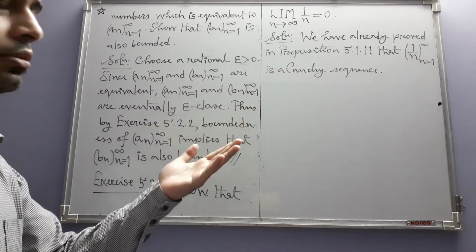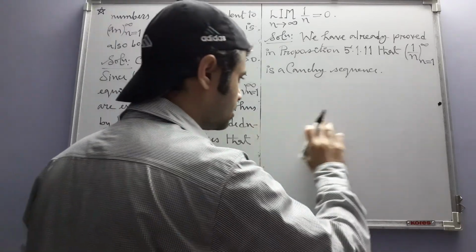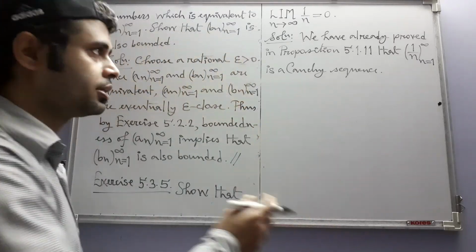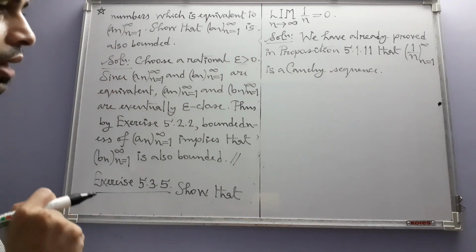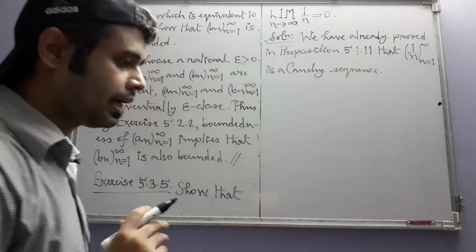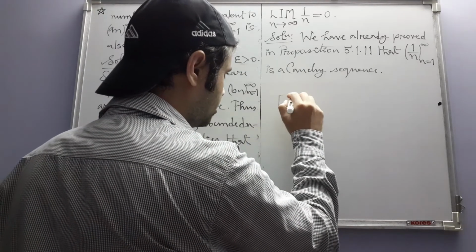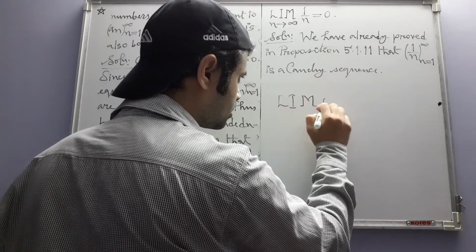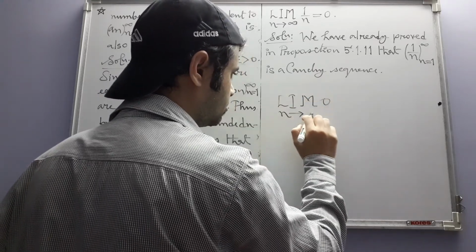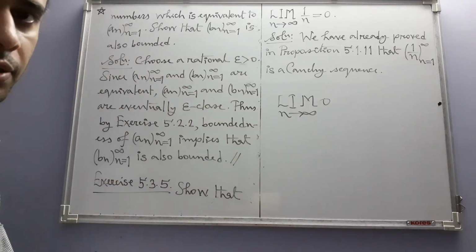Now think of the embedding that we talked about, embedding of the system of rational numbers into the system of real numbers. According to that embedding, this real number 0 is actually equivalent to the formal limit of the Cauchy sequence 0, where all the terms are the rational number 0.